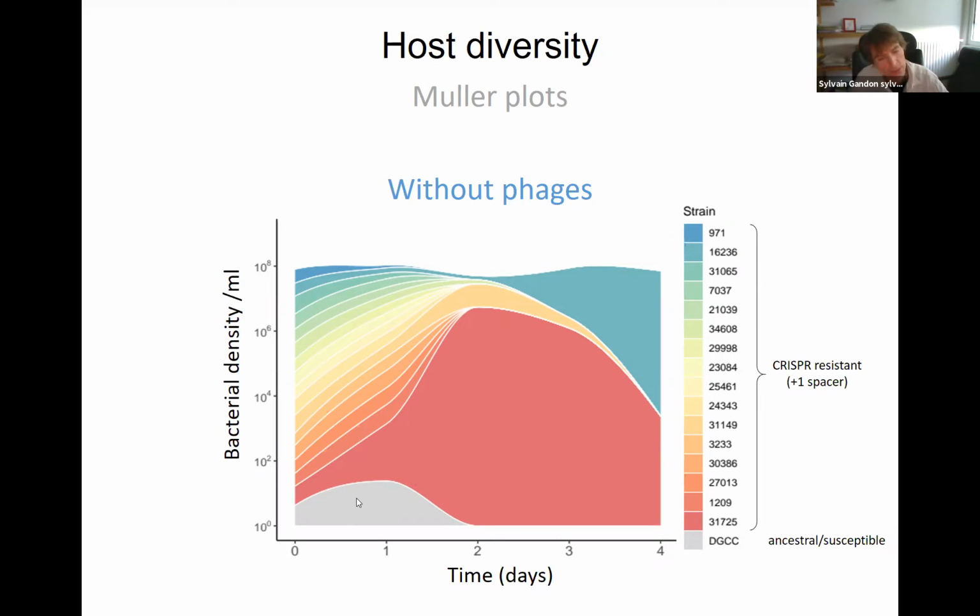So there are several things to discuss here. First, naively, one could think that because those bacteria are resistant to the phage, there may be a cost associated with CRISPR immunity, and that this bacteria could win the competition between the resistant types. And in fact, this bacteria is not doing so badly.